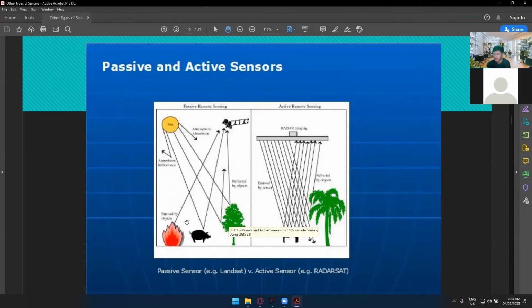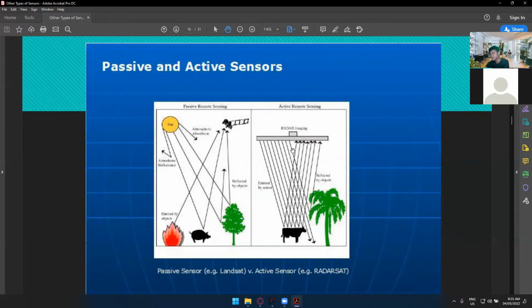So it can detect how far something is, or what thing is being sensed by our satellite. For example, one is a tree, then how far is the tree, how big is the tree, and so on and so forth. That's the way it senses things, depending on the emitted sun rays coming from the sun.